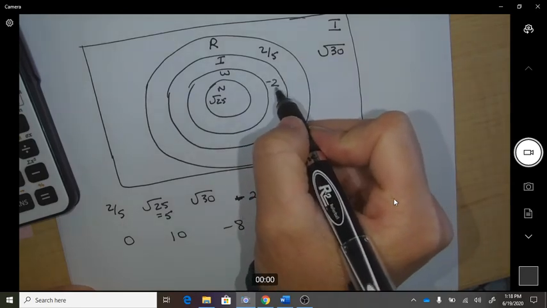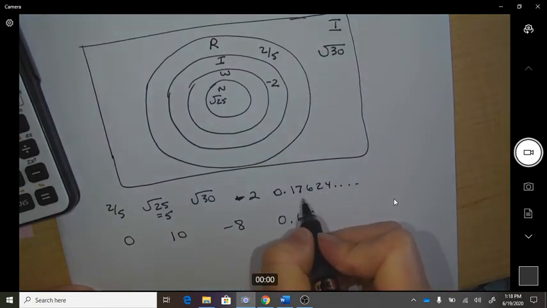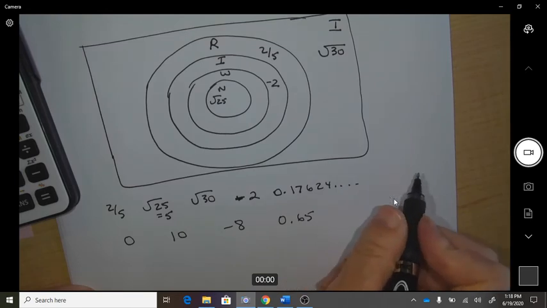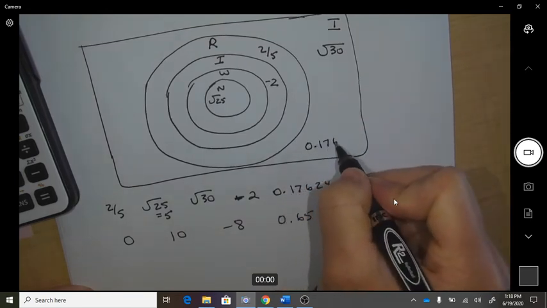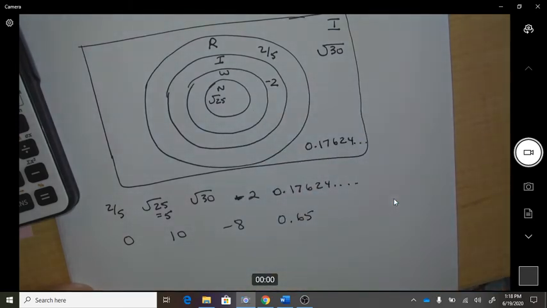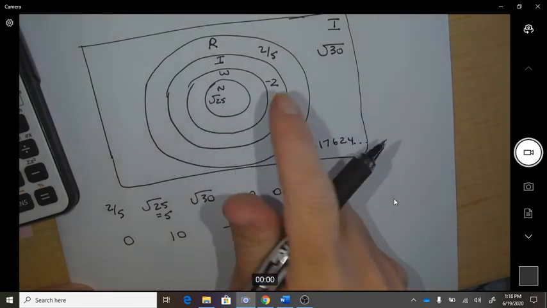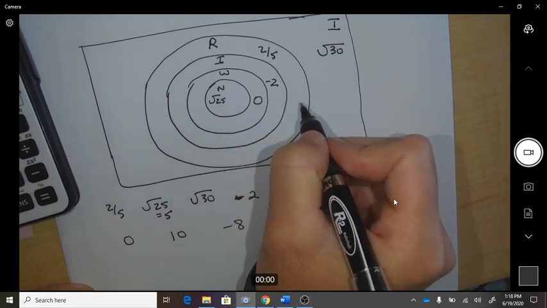So therefore it's an integer and also a rational. 0.17624, and it kept going, so that's not getting repeated, so it would belong outside that bubble. Okay, 0, is it a natural number? Nope. Is it a whole number? Yes. Therefore, it also belongs to integers and rationals.